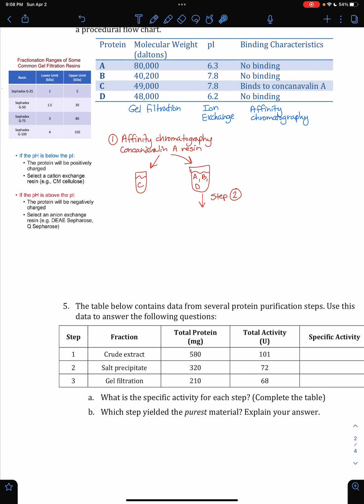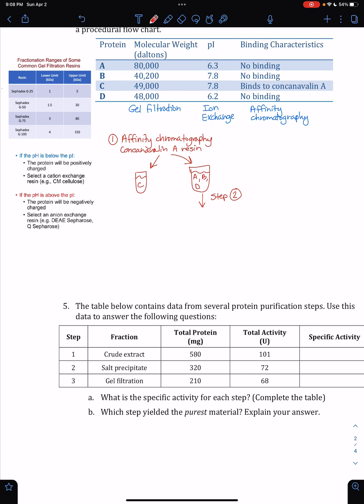So what I think I'm going to do is, because these 2 things have similar isoelectric points, and B has a different one, I am going to do ion exchange for my next step.